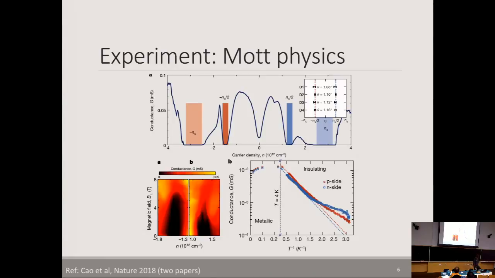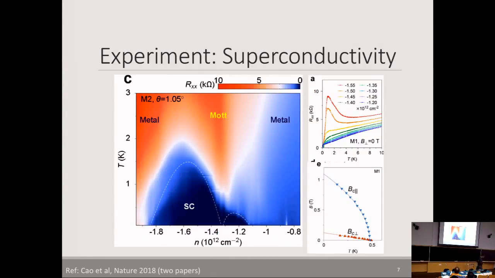So the next thing they did is actually to cool a little bit further. And that's where a beautiful surprise came in. This is a color plot of the resistivity. This is the hole-doped side, where you would have this Mott phase that starts at 4 Kelvin, which is slightly above here. But then if they cool down further, you see a state where it really becomes superconducting.